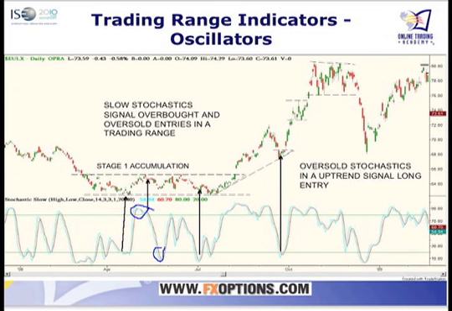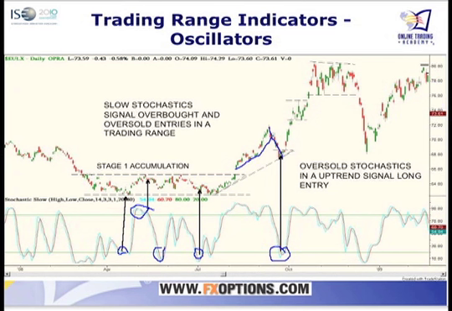I broke out of my stage 1, into a new stage 2 at this point, and then I had a little bit of a retracement here. And when I had that retracement, here's an example of using an oscillator correctly. In a new uptrend, here's an opportunity to take an oversold signal to buy a pullback to a trend line, to a moving average, to whatever kind of indicator you want to use during the context of a possible new uptrend.